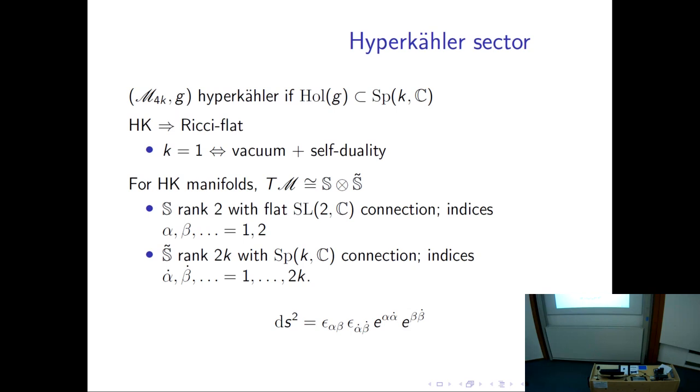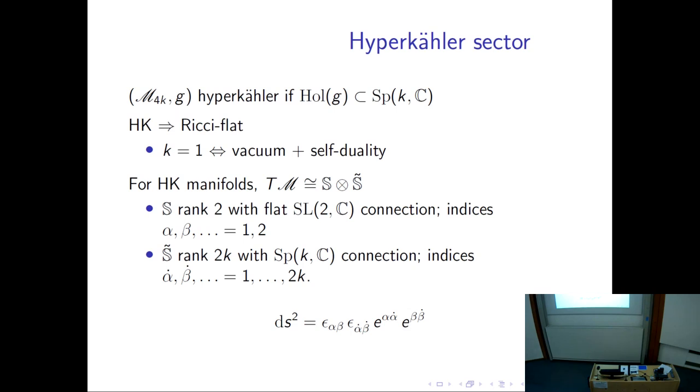And this condition on the holonomy means that hyperkähler manifolds admit something called a paraconformal structure, which is basically just a splitting of the tangent bundle into a tensor product of bundles, one of which is a flat SL(2) bundle, and the other one is a rank 2k Sp(k) bundle whose connection is non-trivial, and the curvature of that connection is the Sp(k) holonomy.